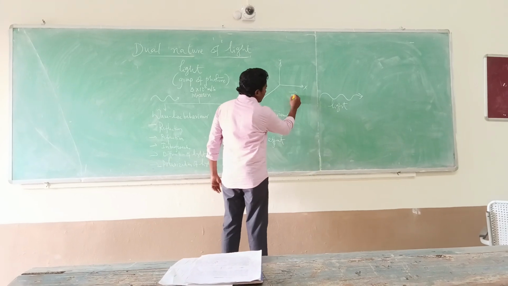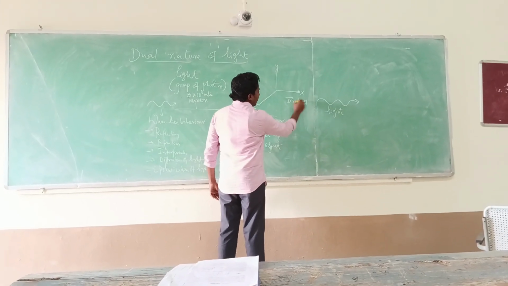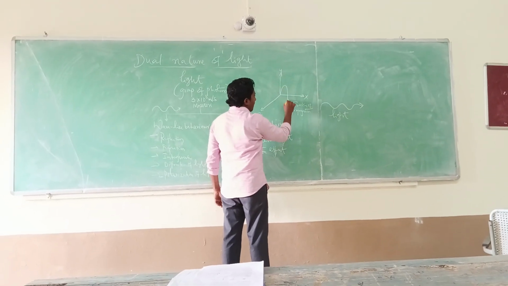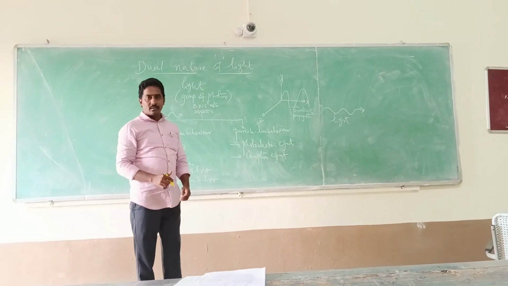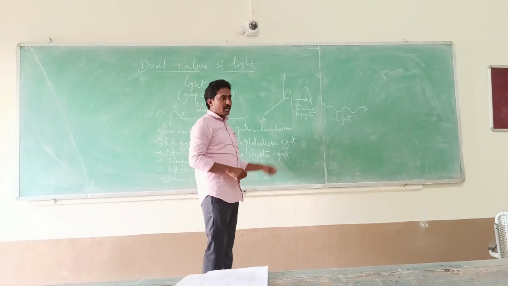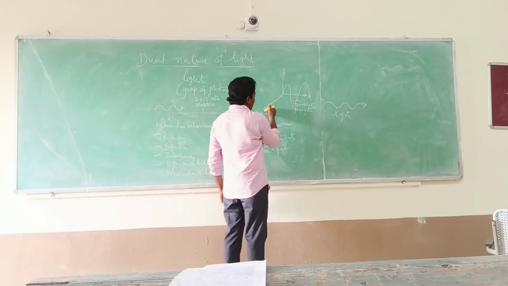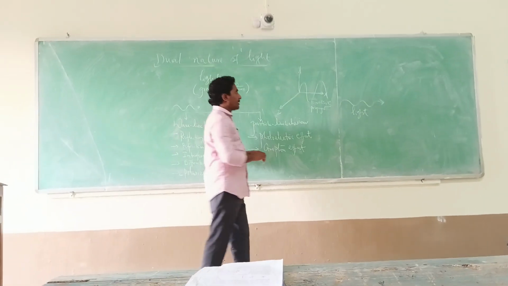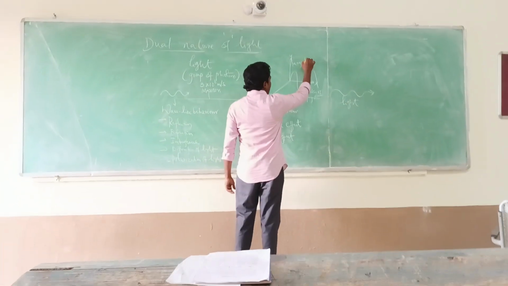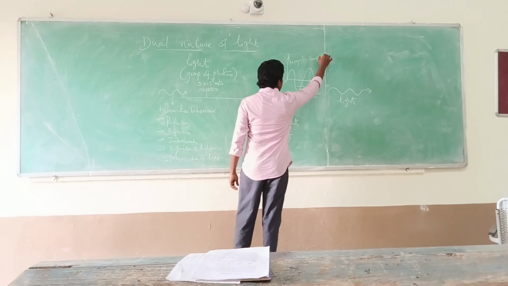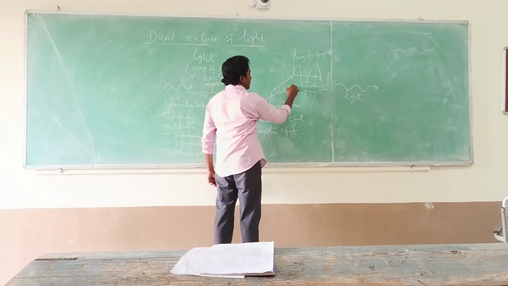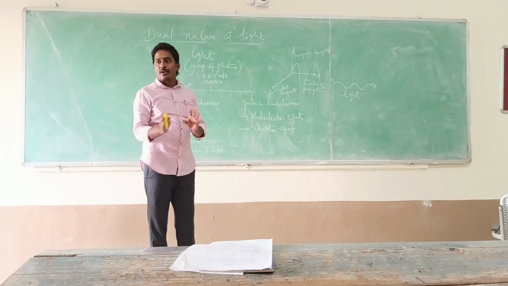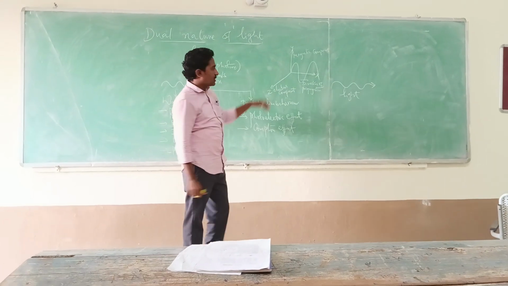The magnetic component vibrates perpendicular to the direction of propagation, and the electric component does as well. So the electric and magnetic components vibrate perpendicular to each other. This is the diagrammatic representation of the wave.